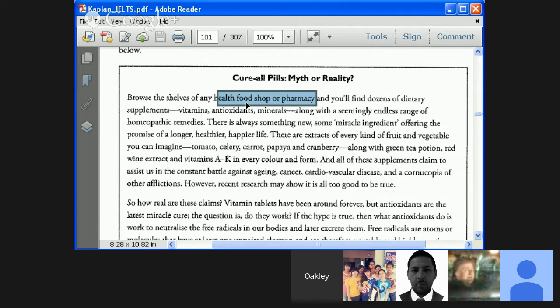English sentence structure thinking. For example, if I ask you do you have any dogs or cats? I don't really mean do you have a dog or a cat. That's a different question. If I say do you have any dogs or cats, you can answer that question yes. Yes, I do.